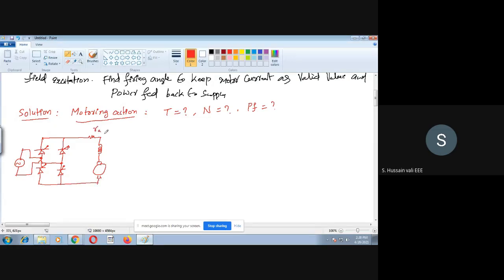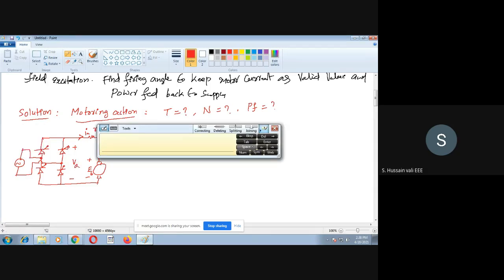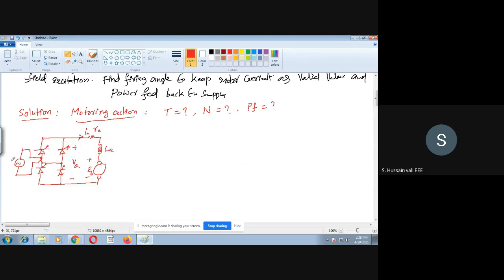This is RA, this is LA, and the EMF induced here is EB, and the current flowing here is armature current IA, and the voltage across the entire motor terminals is VA, and the supply voltage is VS. So this is the circuit he has given. He's asking you to find out the torque, the speed, and the power factor. One by one we'll go.